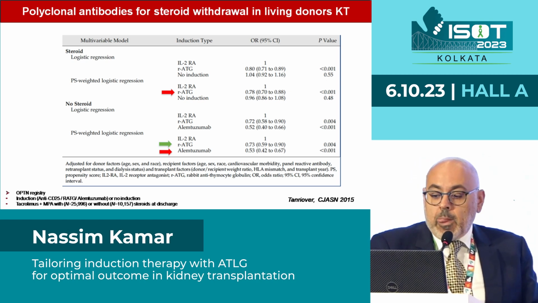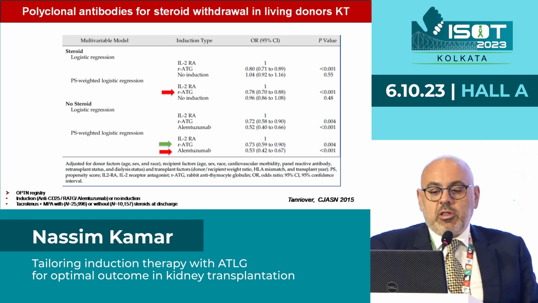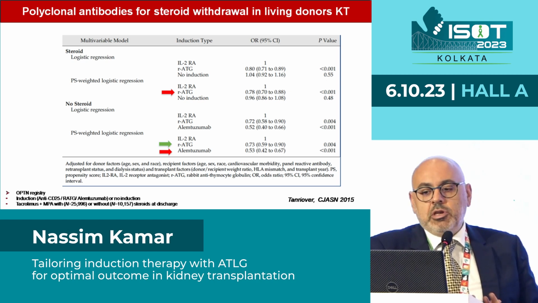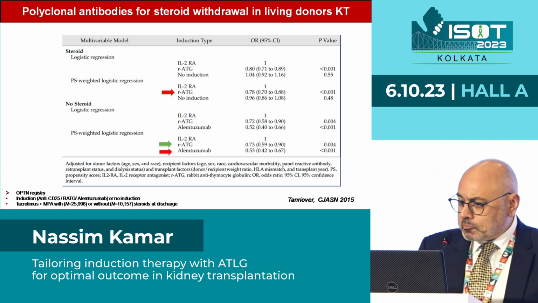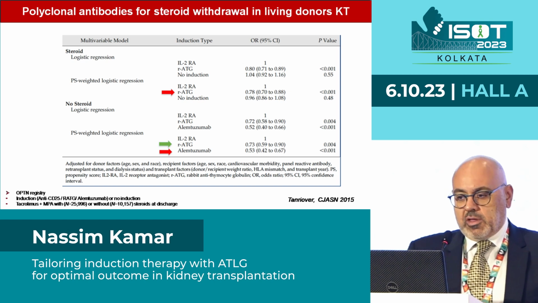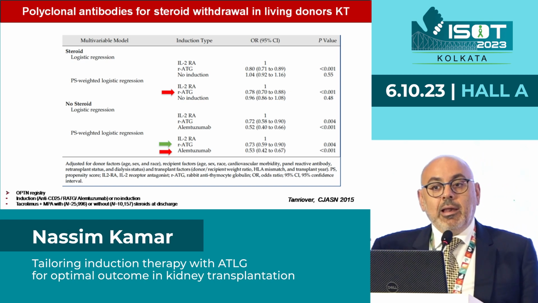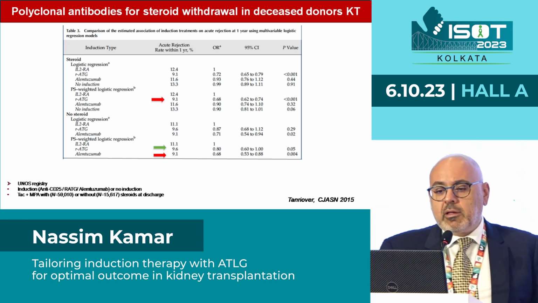post-transplant diabetes. And if we look at several meta-analyses, you can see that in patients given steroids and not given steroids, the acute rejection rate is significantly lower in patients receiving polyclonal antibodies compared to IL-2 receptor blockers. And this is correct in living donors, and it's also correct in deceased donors.